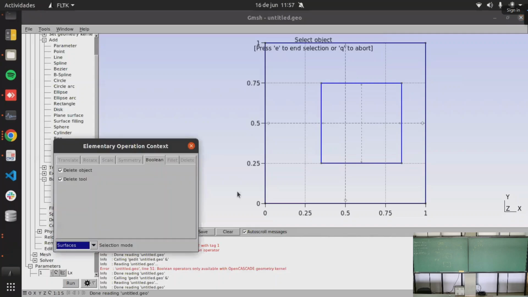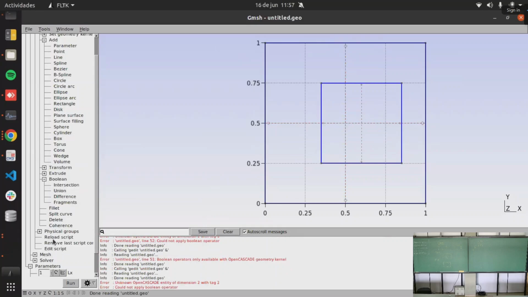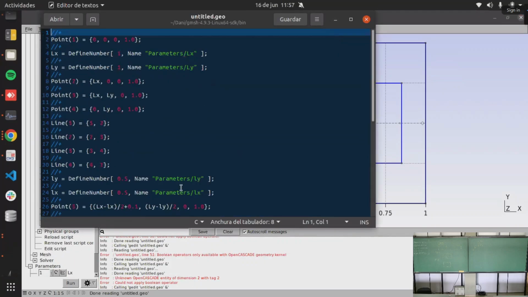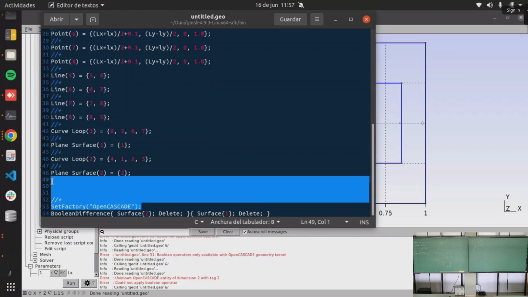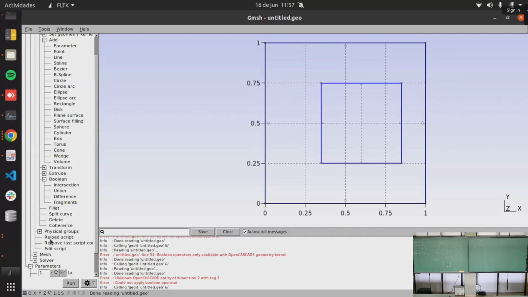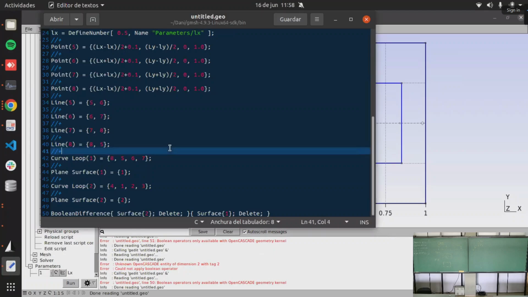Difference, surface, select the big area and that area, and after that I don't know why this appears. Okay, this happens to me all the time.